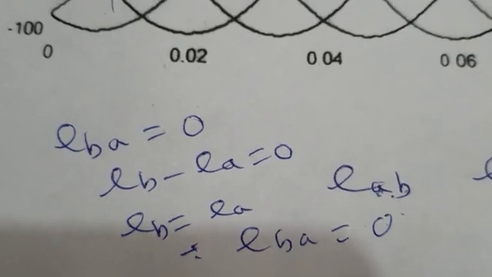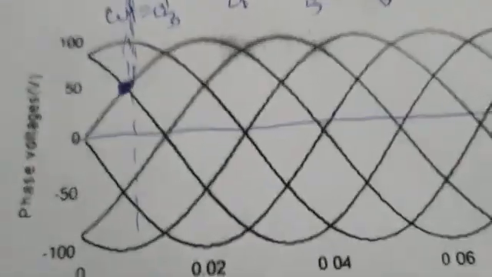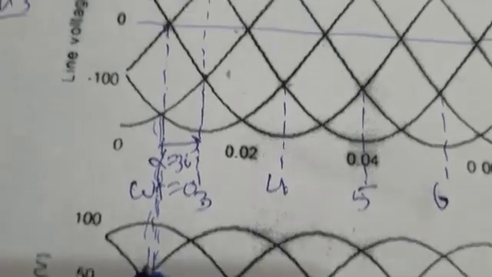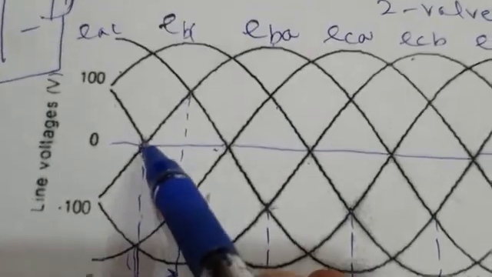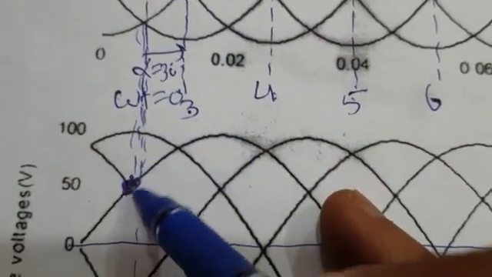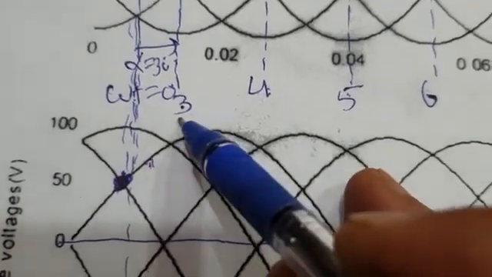That's possible only when the two phase voltages are exactly the same, and that happens somewhere here at this point. So now you see here EBA is 0. If you take it down, it coincides with this instant. That means this voltage should be EB.